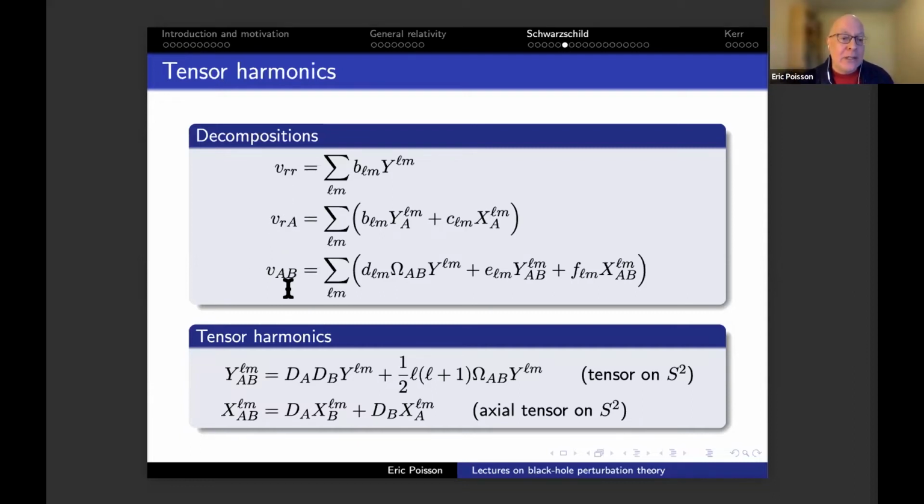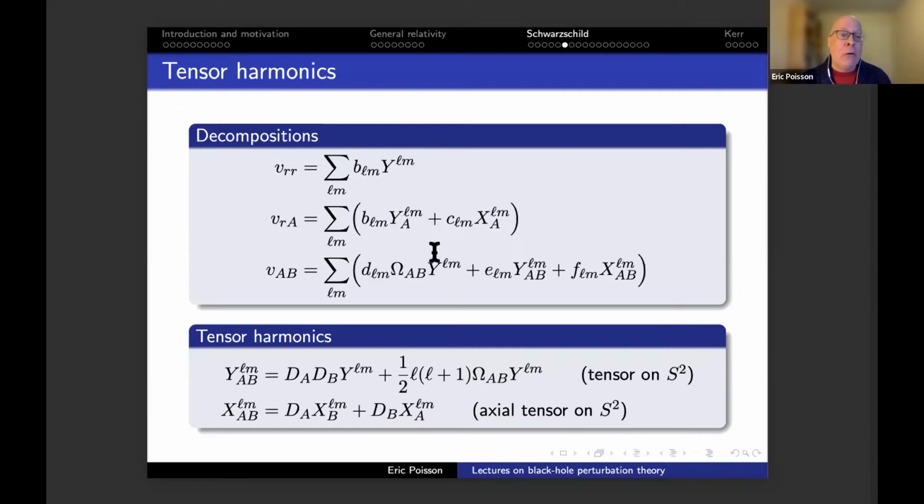Now this is going to be the tensor on the sphere, and we want to decompose that into spherical harmonics, and I'm going to do it this way. So first, I'm introducing the part of the tensor that's going to be proportional to the metric. That is a scalar, that's the trace part, and that scalar can be expanded in spherical harmonics, straight spherical harmonics. So that's what I'm doing here.